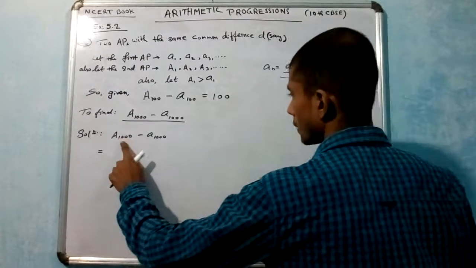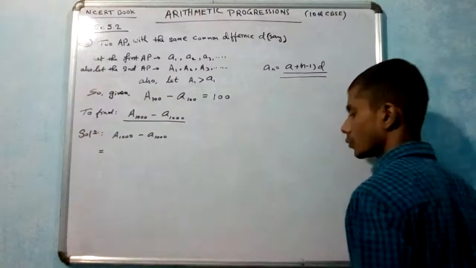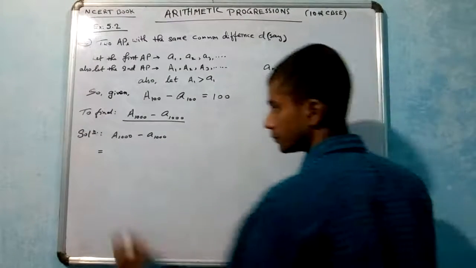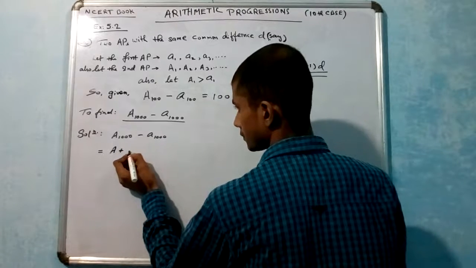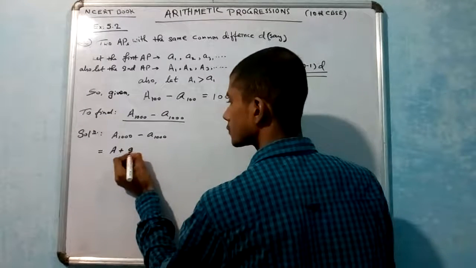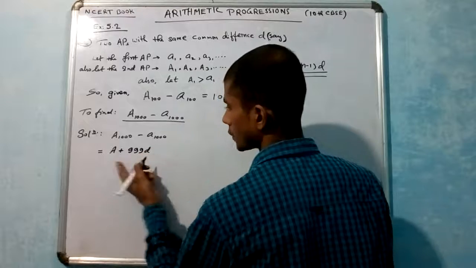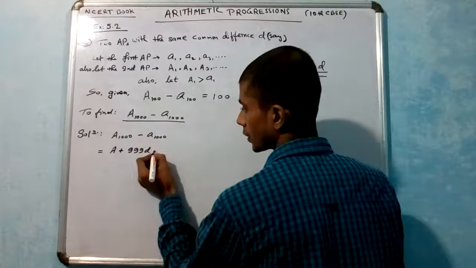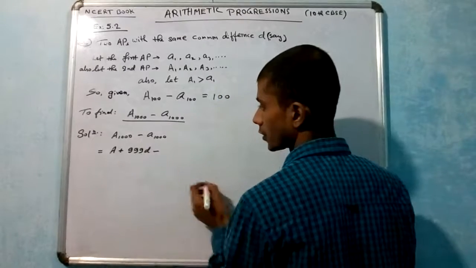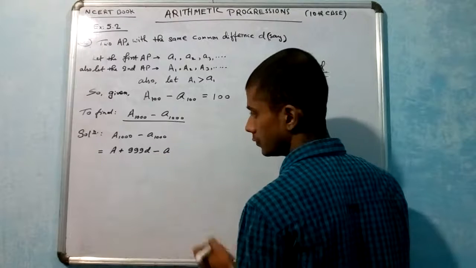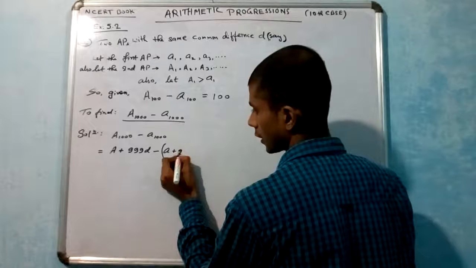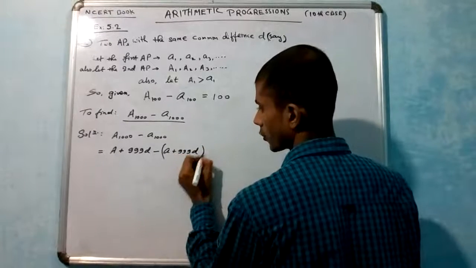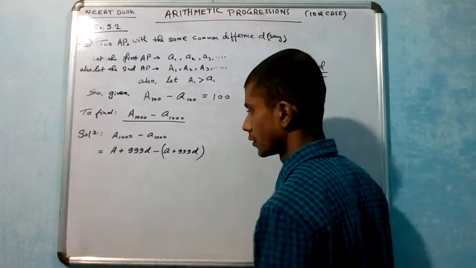A1000 is capital A plus 999d, the common difference is the same. Now the minus sign, and for this small a, a bracket should be there, plus 999d, okay. This is the thing.